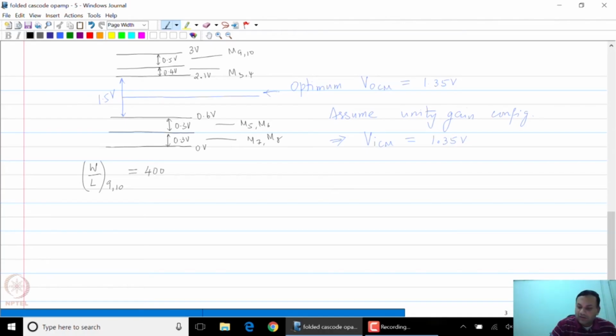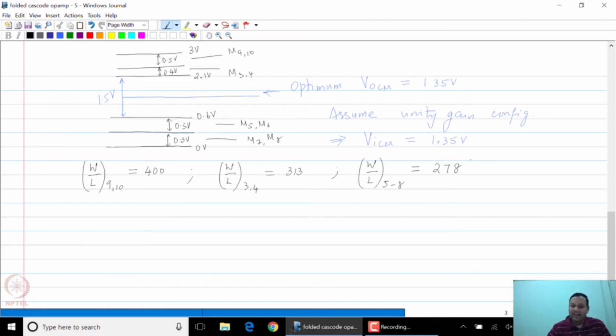It turns out that W over L of 9 and 10 would be 400, W over L of 3 and 4 would be approximately 313, and W over L of 5 to 8 would be 278 approximately. Once you have fixed this, we can now come up with the input levels also.